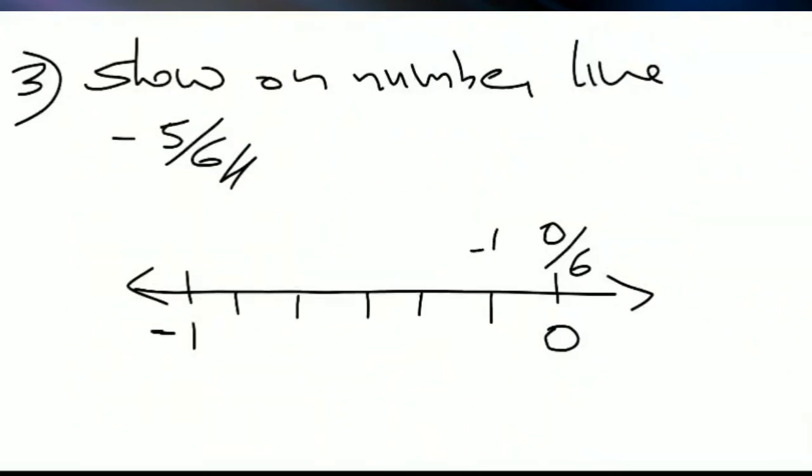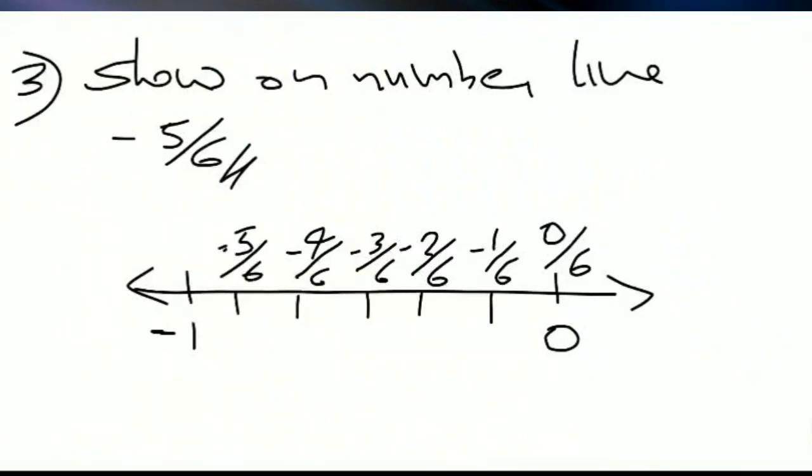Then −1/6, −2/6, −3/6, −4/6, −5/6, then −6/6, which of course is −1. So we need to mark −5/6; this point is −5/6.